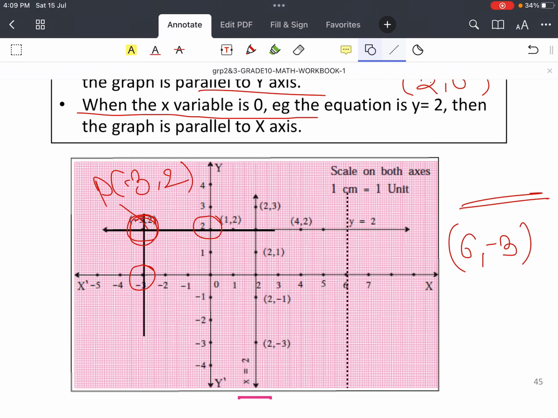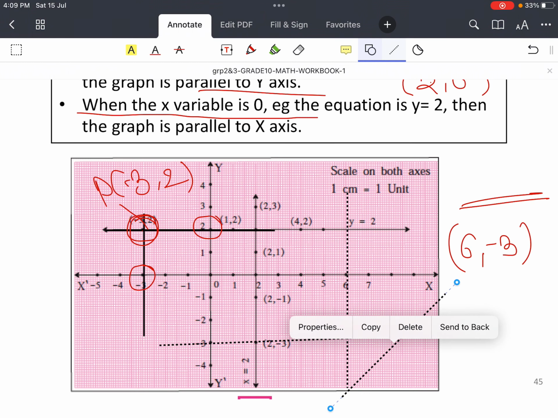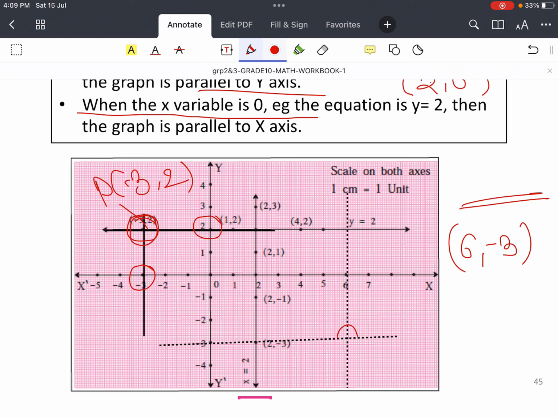Then, from minus 3, once again draw a horizontal line. These two lines intersect over here. So this point we call 6, minus 3. Clear? So likewise we have to draw a graph of a given point.